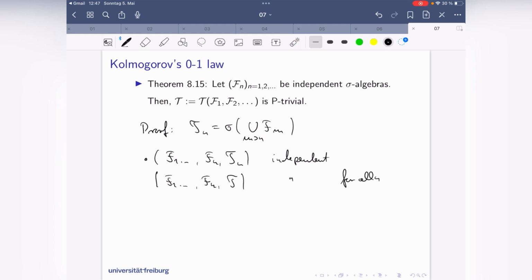This means that T, F_1, F_2, and the whole sequence are independent. Why is that? Because when you want to check if this is independent, you only choose finitely many sets from the whole sequence. This breaks down eventually, so there's a largest one. And for this largest one, we already showed that T, F_n1 to F_n are independent. So the product formula holds.